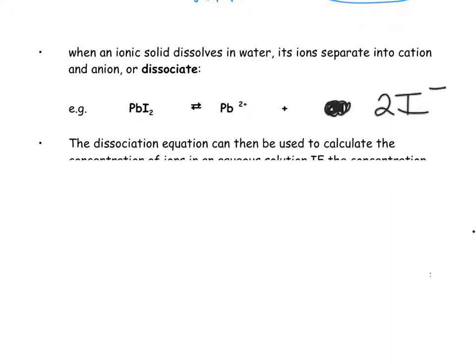And so, what I can do is use stoichiometry to help me make some predictions about the ion concentration that might be present in solution, right?